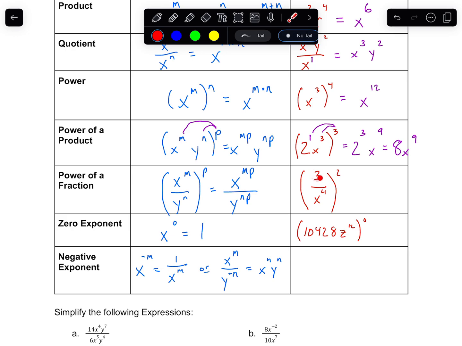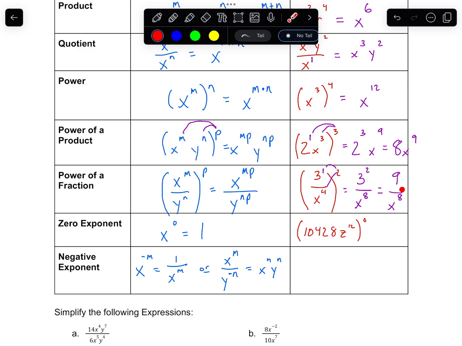Looking at our example, we have 3 over x to the fourth all squared. Everything inside this parentheses is going to get squared. Again, this is 3 to the first, so when I distribute that 2 to all of the exponents, it's going to become 3 squared over x to the 8th, which we would simplify to be 9 over x to the 8th.